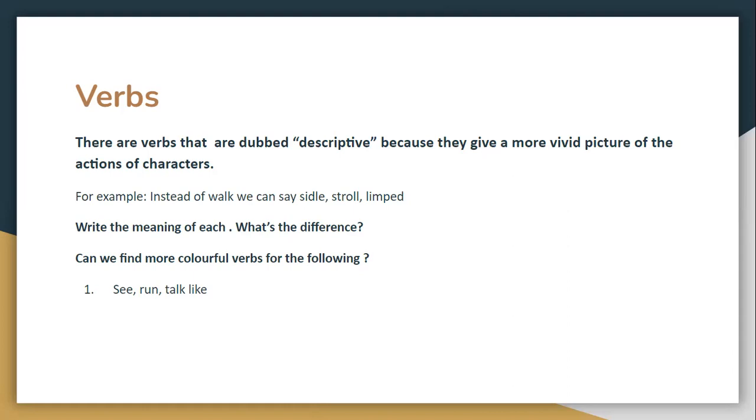Now, there are other verbs that we use in our stories, such as see, run, talk, and like. Can you think of any other verbs that can replace them? Of course you can. I'll give you a few minutes to think about them.